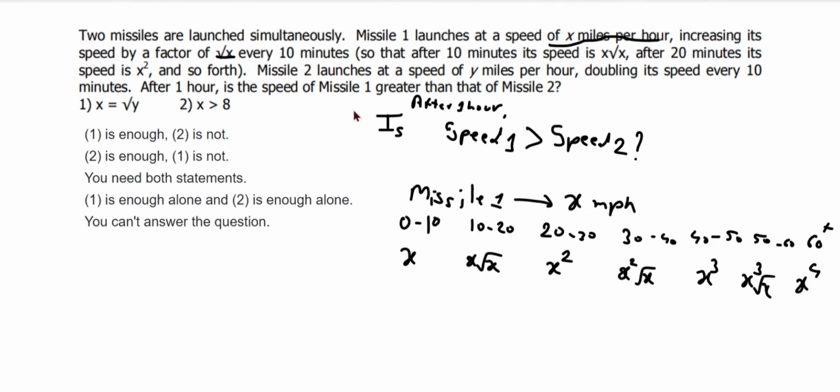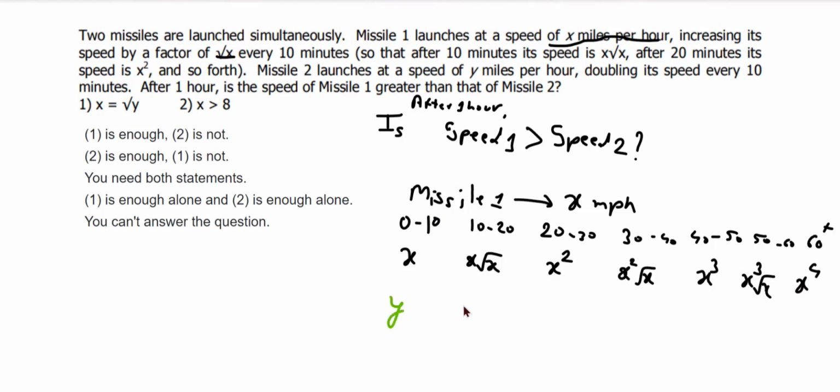Now, if you look at the question, missile 2 launches at a speed of y miles per hour, doubling its speed every 10 minutes. So we also have to find out the speed of missile 2 after 1 hour. You're given that the speed of this missile is y miles per hour.